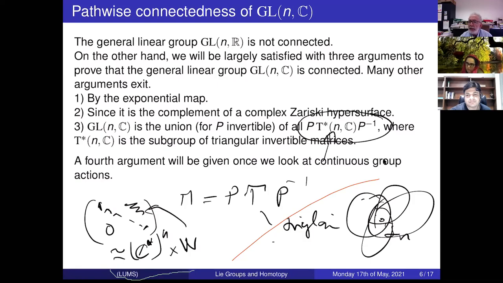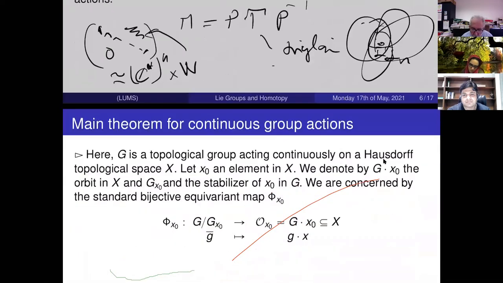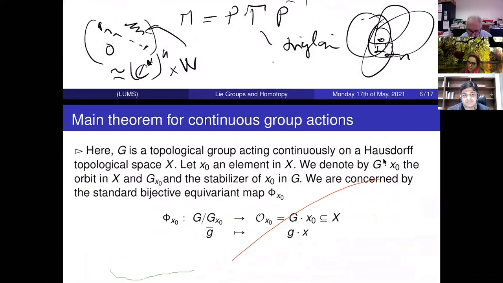Since these sets intersect non-trivially at the identity, let us say there is a point in their intersection, so the union will be connected, pathwise connected. So this is a third argument, which is very nice also. We will give a fourth argument using group actions in a moment.